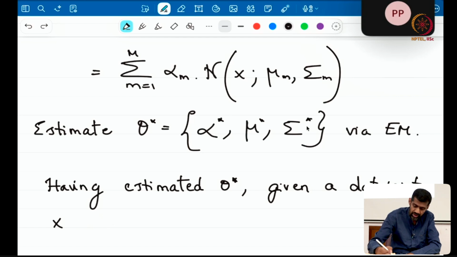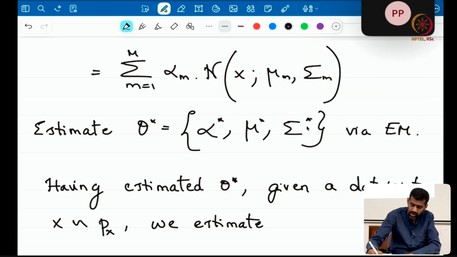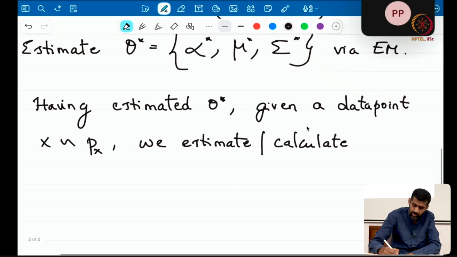So, let us generalize this: x sampled from the underlying distribution Px, we calculate, because estimation is done, P theta star of z given x.